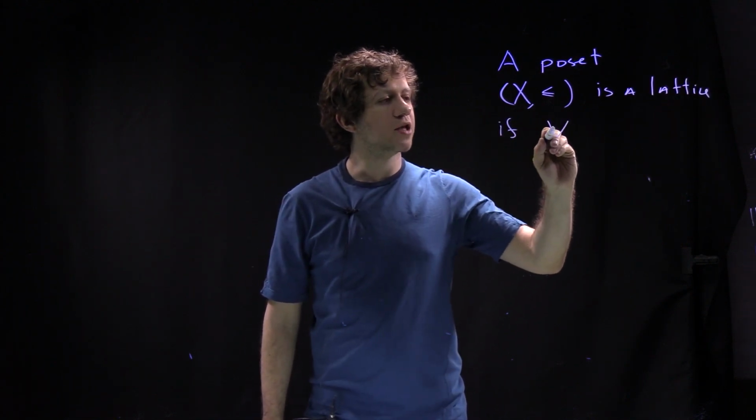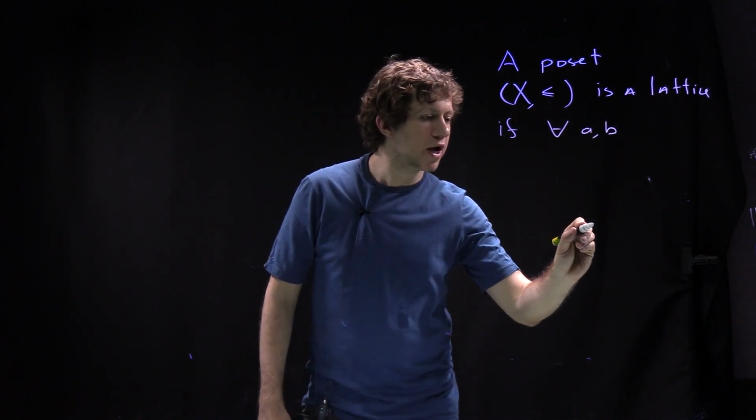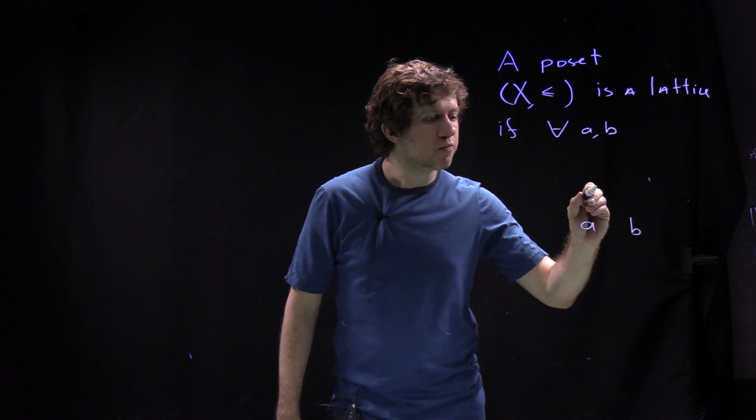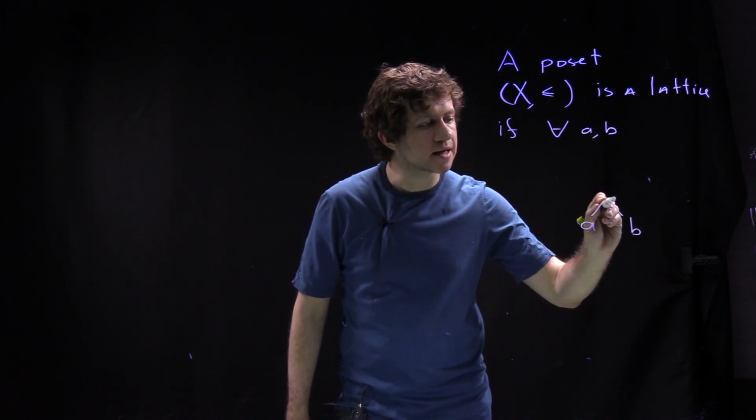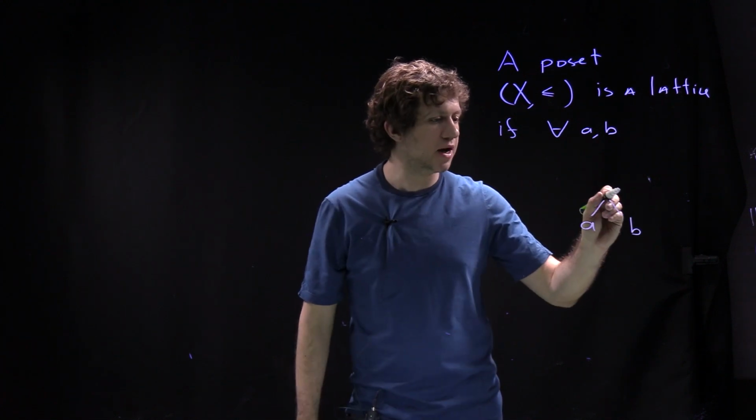for every two elements A and B, the requirement is that there exists exactly one element which is kind of immediately bigger than them. I will define it in a second.